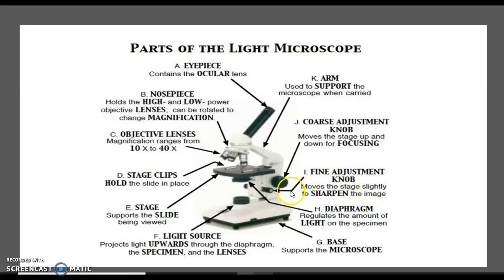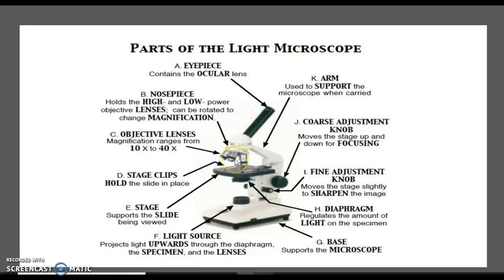At that point, you can then rotate your lens to the next lens, which is the yellow one, and it's a 10x. So again, if this is 10x and this is 10x, the total magnification is 100.